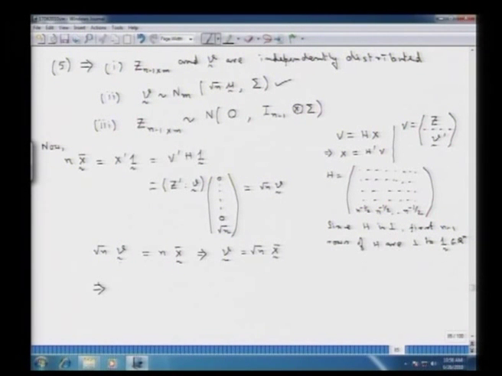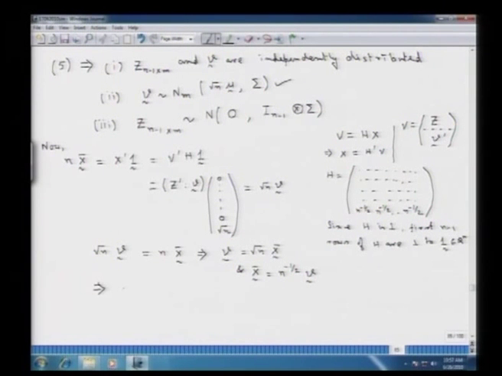So, we will have root n times V, which is going to be n times x bar, and x bar is going to be this divided by n. So, that would be 1 upon root n times V. So, we are dividing the two sides by n, and we will have this as n to the power minus half times this V vector.